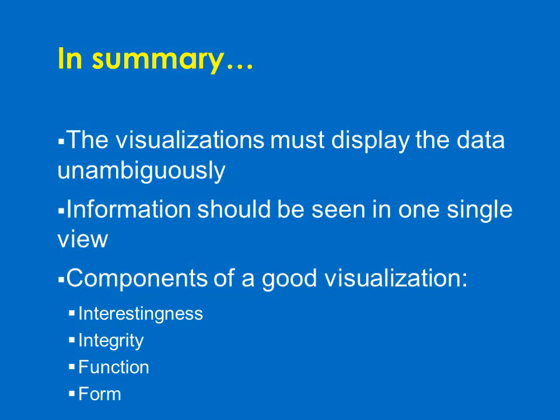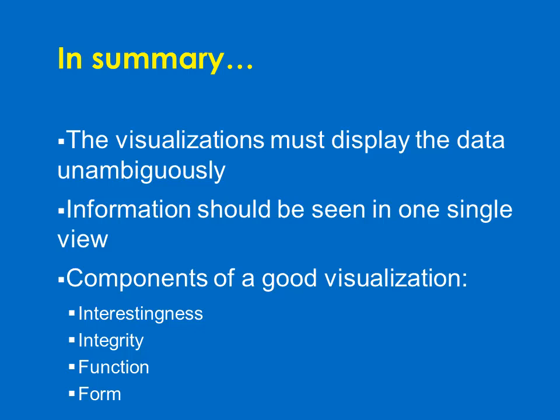In brief then, visualizations must display the data unambiguously. They should always reflect the supporting data and should not lead to different interpretations, as in the case of the Little Prince drawing. On the other hand, it is important that all the data can be seen within the boundaries of our screen, so that the user has the comfort required to effectively compare one item with another one that we are representing.